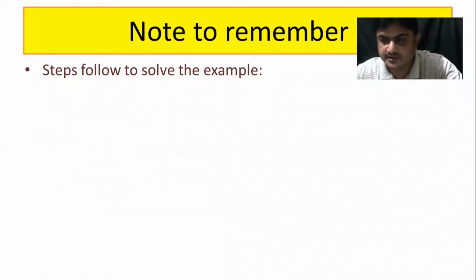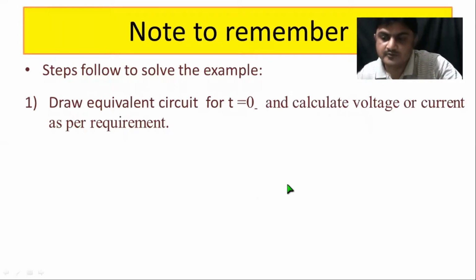Let us proceed further. This is the procedure we are going to follow in our examples. First of all, we will draw the equivalent circuit for t equal to 0 minus. T equal to 0 minus means just prior to switching, a few microseconds before the switching, and we will calculate the voltage or current asked in the example.